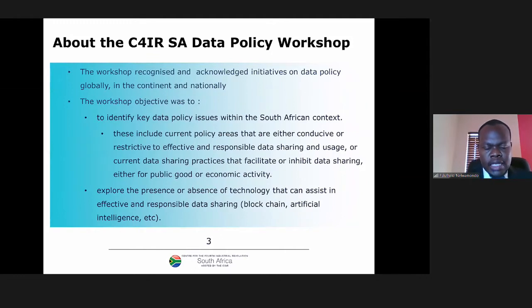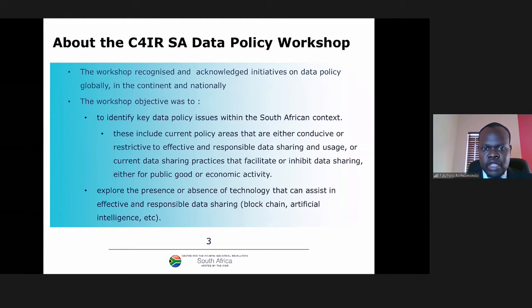Just to assist those who were not in the workshop, we recognized and acknowledged the fact that there are various initiatives on data policy taking place globally, on the continent, and nationally. And here in South Africa, when we had this workshop, the idea was to identify the key data policy issues within the South African context.